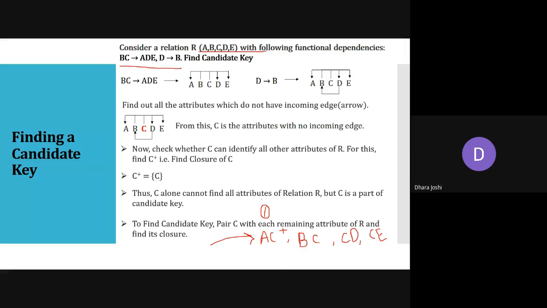Parth replied A, comma C. Any other answer? Okay, so correct. Parth has replied correctly.